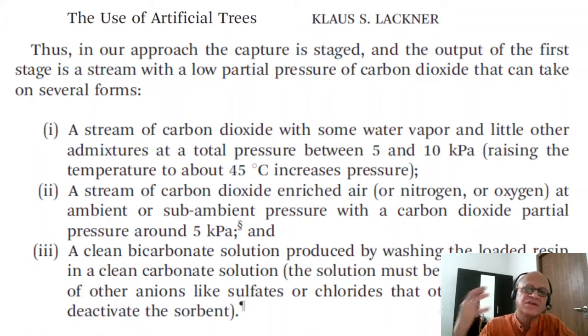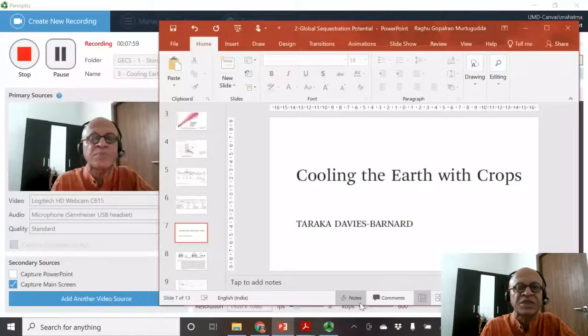So this is to increase the efficiency, and eventually they want to also reduce the size of this artificial tree because right now it's too big. So there is a lot of research his lab is doing on this in Arizona, and whether artificial trees will become a big part of the solution or not has to be seen, but the research goes on.